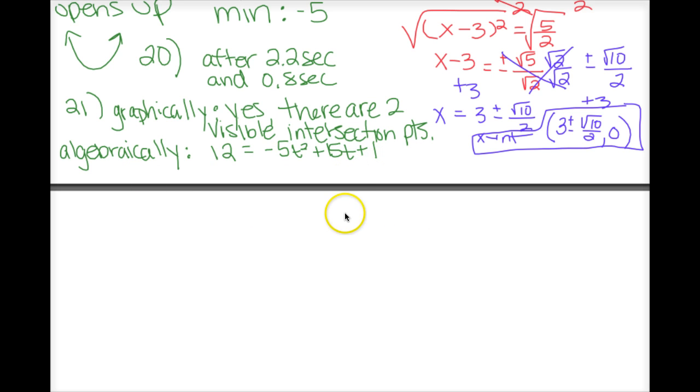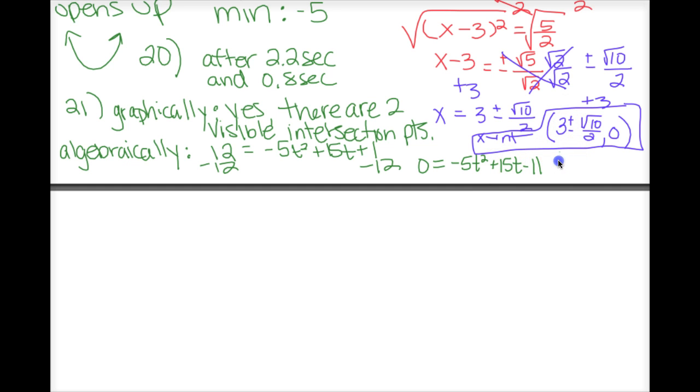This is just asking you, are there solutions to this quadratic? Again, you've got a couple choices here. I would probably get it equal to 0. So 0 equals negative 5t squared plus 15t minus 11, and then find the discriminant. I think that's the fastest way to do it. It's not the only way, but it has to be algebraic.